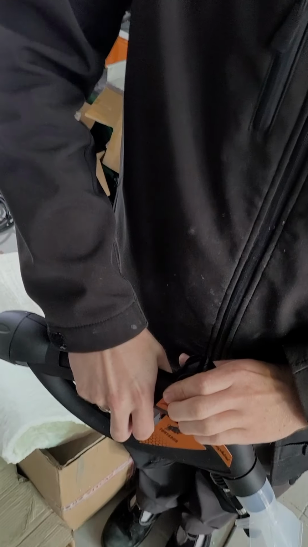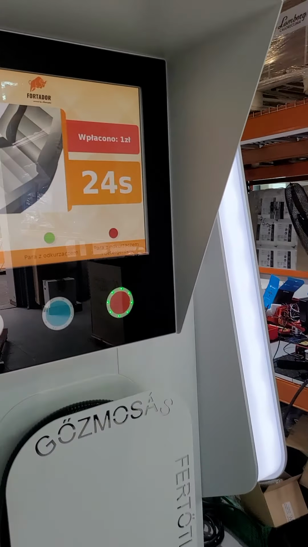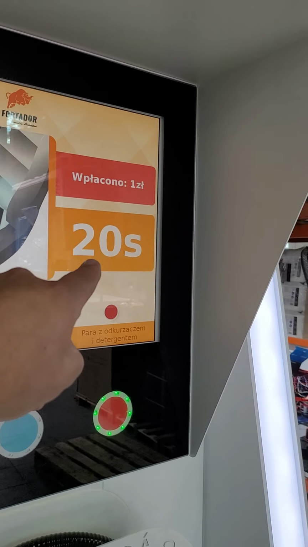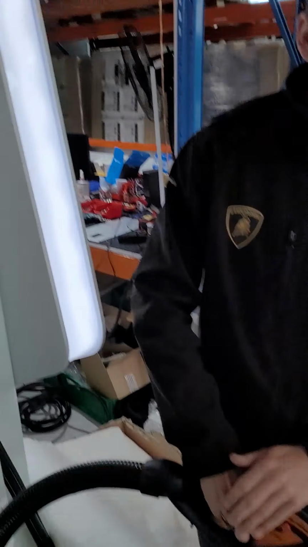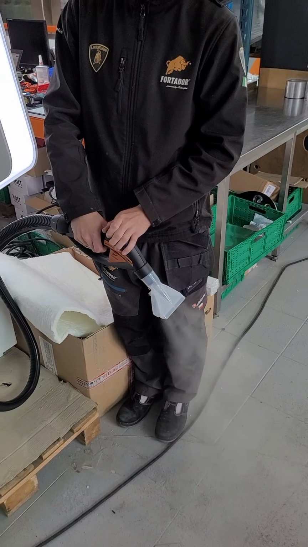When you hit the trigger, that's when the machine actually starts to count seconds and is actually charging the client for the service.